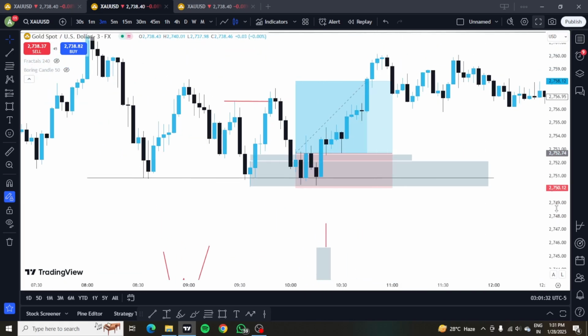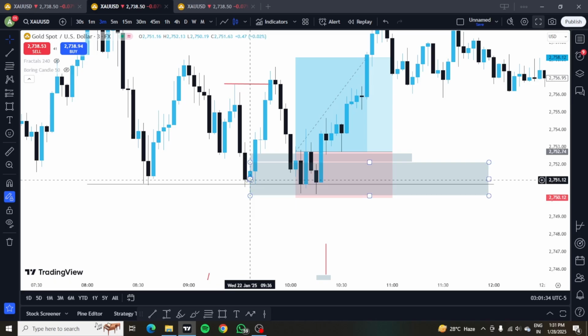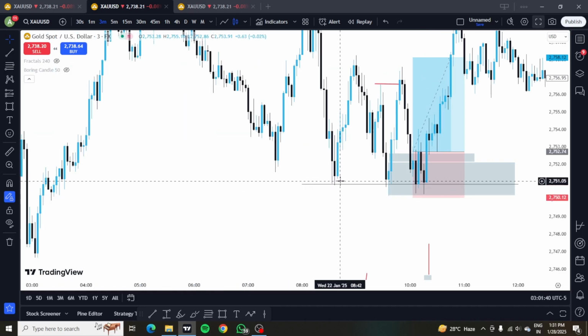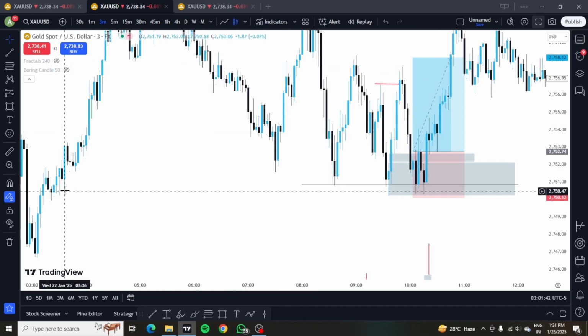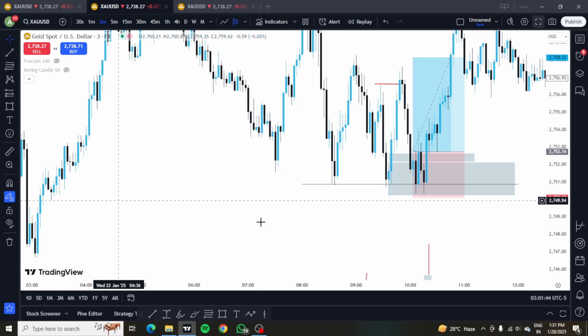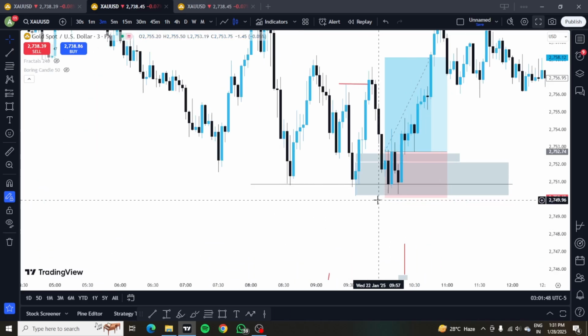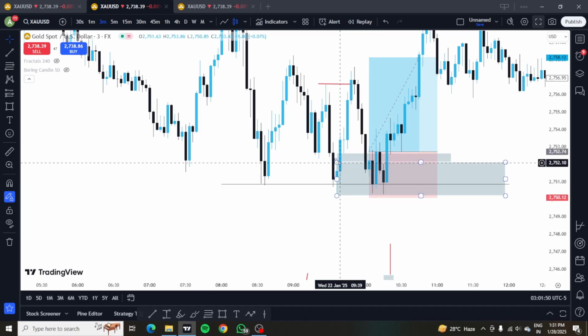For this scenario, you see this order block has taken this previous swing high, and here swing low, this order block has taken these two swing lows, and it also has an imbalance. So this order block is more effective.